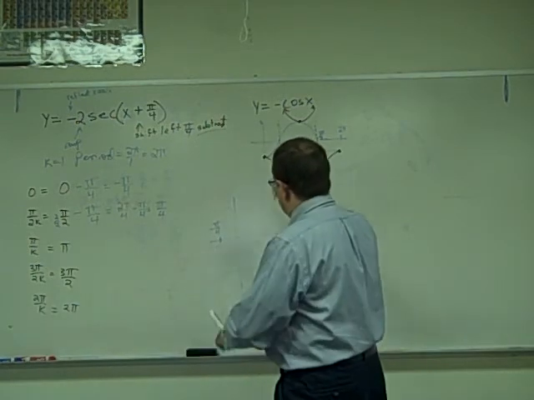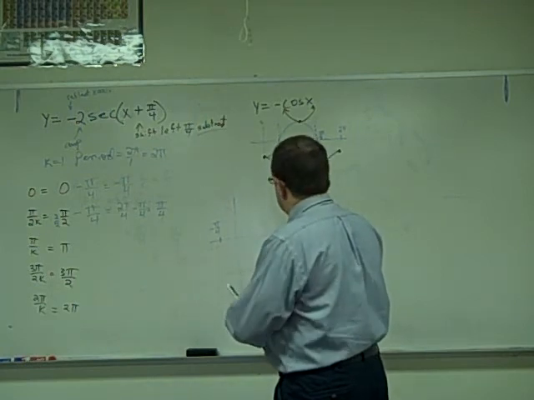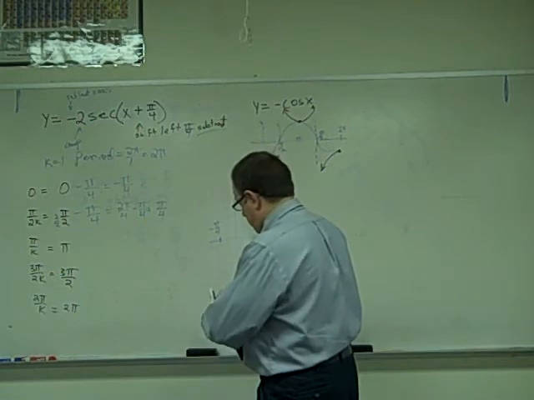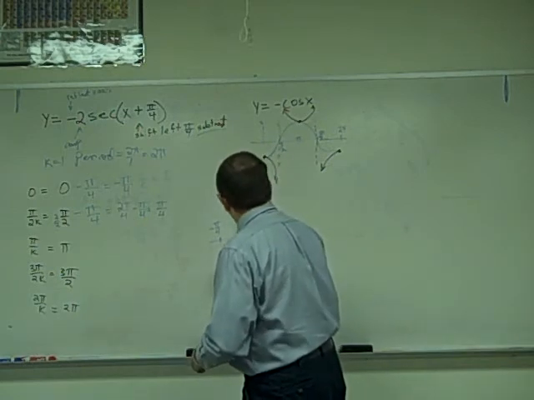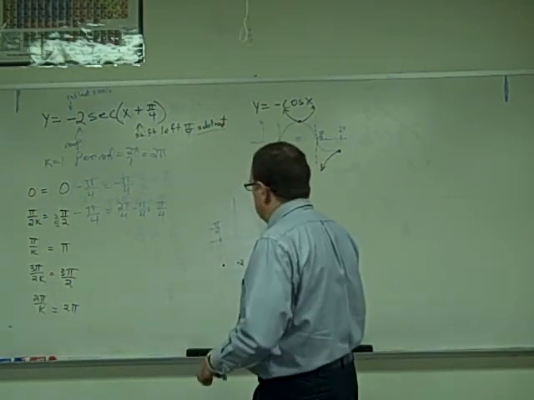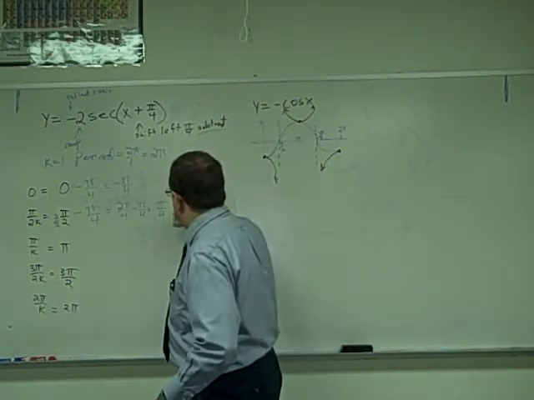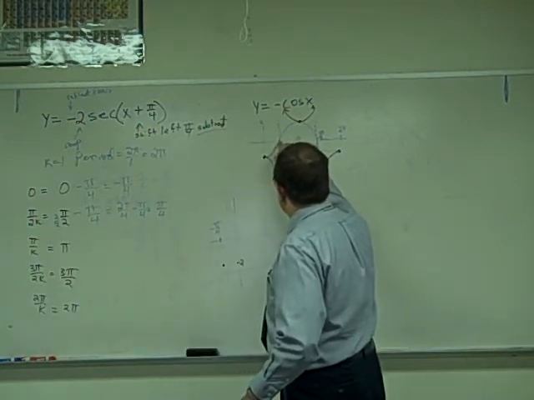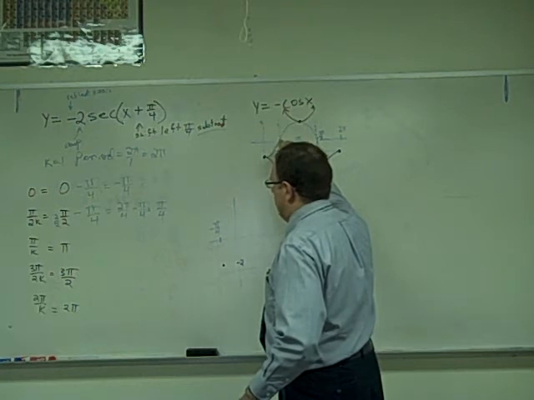And we already said that we're reflecting about the x-axis, right? And so it's going to start down here somewhere at negative 2, and it's going to come up, right? We need, so we've got negative pi over 4, and then here it's going to go through the x-axis at pi over 4.